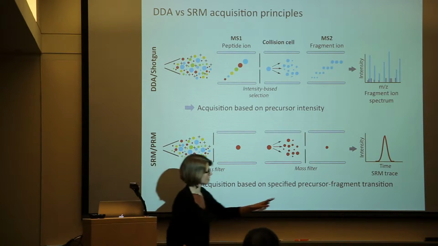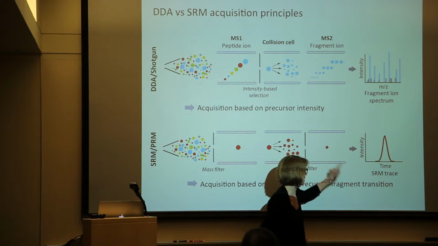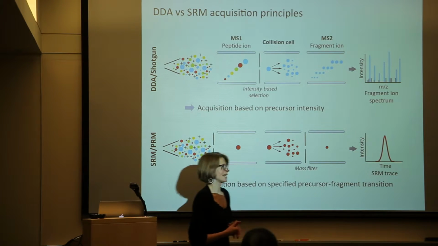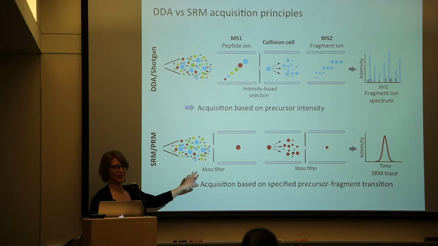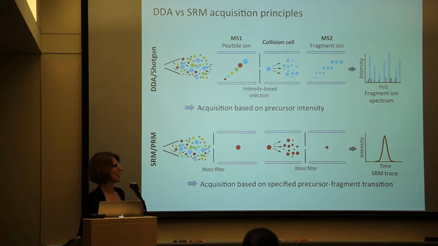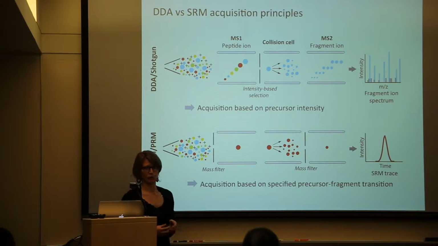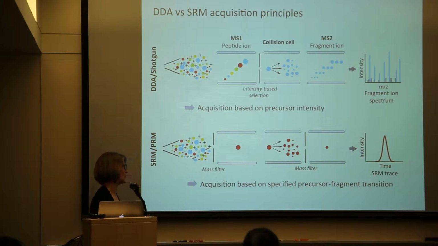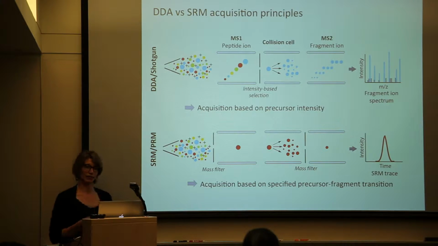Then you monitor the intensity of the fragment over time, so you get a so-called SRM trace. While this is only depicted for one peptide ion, you do this for many, and you also monitor multiple fragments per peptide. So what you have is an acquisition based on a specific precursor-fragment transition.